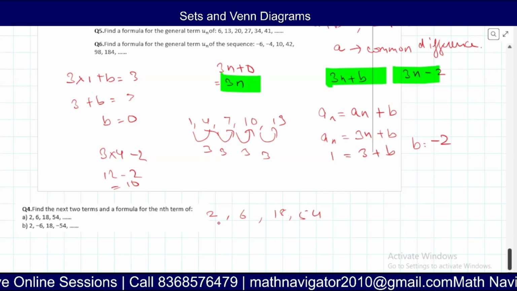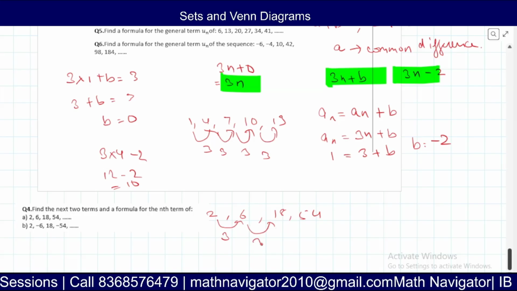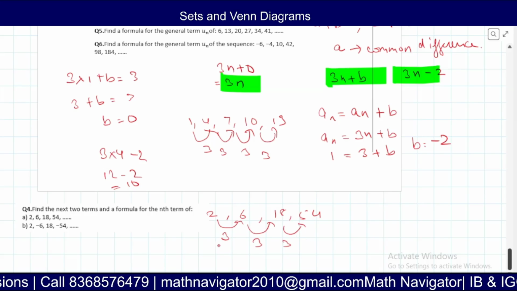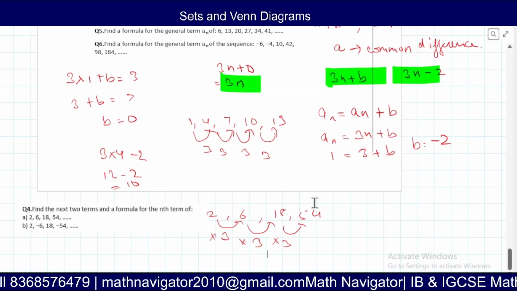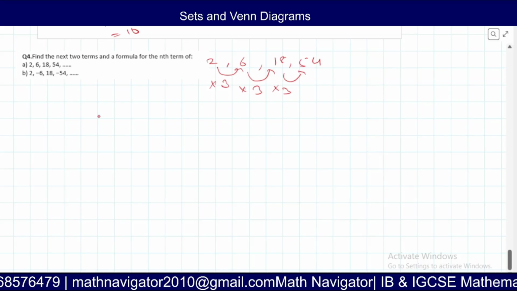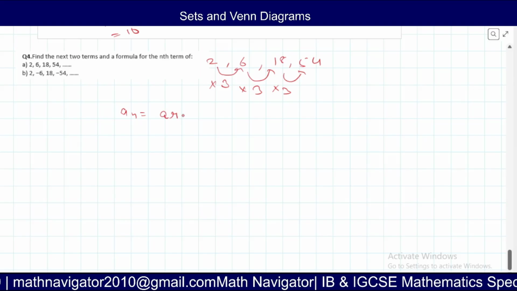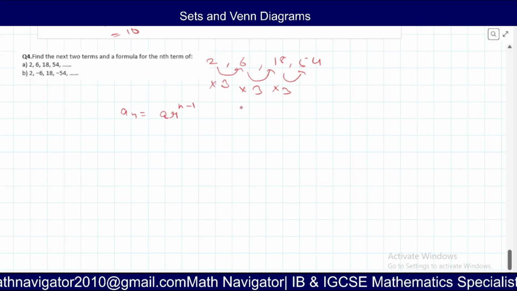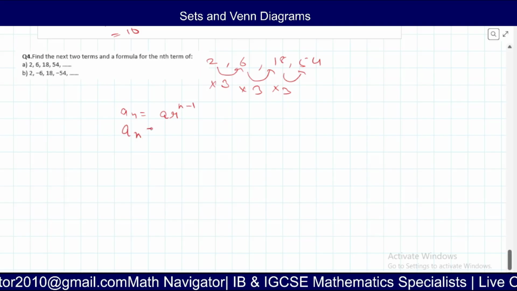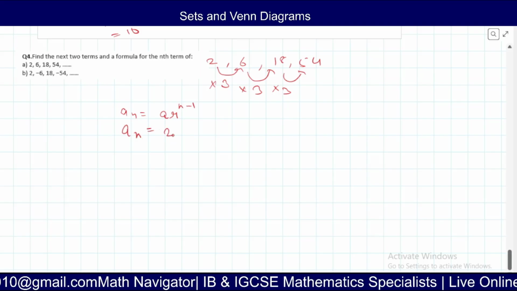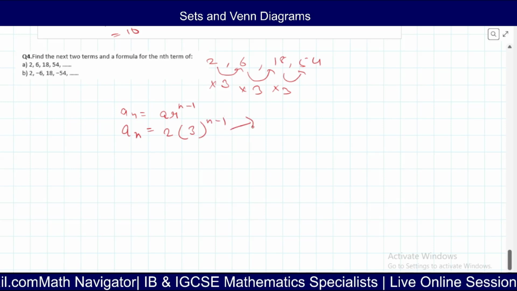So as we can see, we multiply by 3, right? For this, we have a general formula: an = a r^(n-1). r is the common ratio, which is 3 here, and my first term is 2. This is my term-to-term rule.